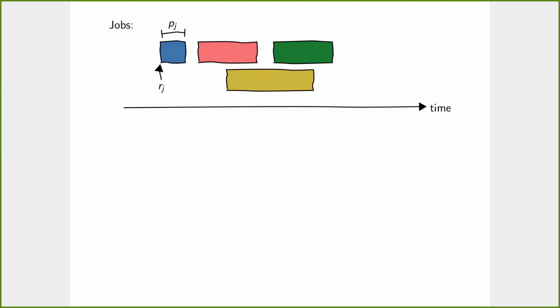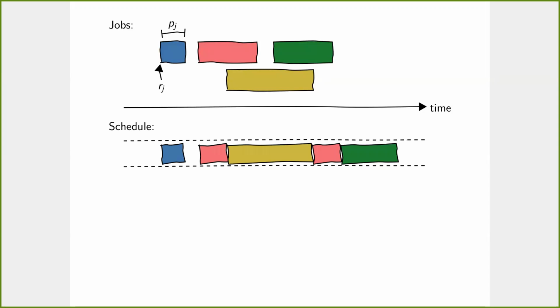We are only dealing with a single machine here, so we need to schedule all these jobs on this single machine, like for example in this schedule. The important facts here are that no job can start processing before it's released, and every job has to run for time p_j, and the machine cannot process more than one job at a time.